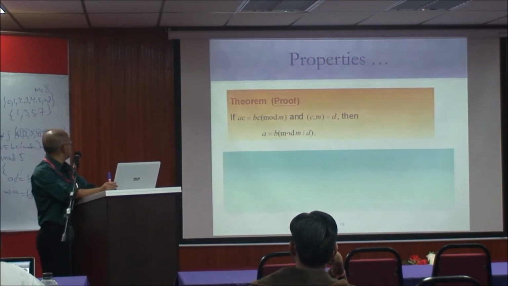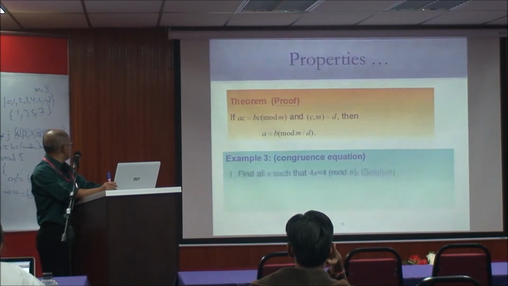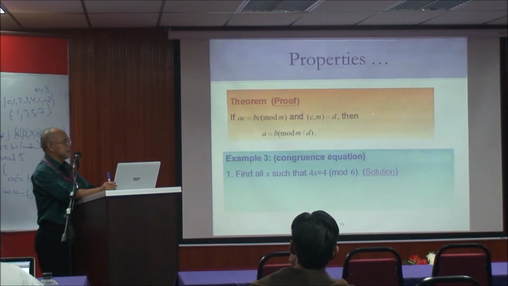So if we know what the GCD of C and M is, we have this new congruence, which is A congruent to B mod M over D. So you can do the same thing if you are given, say, the congruence equation 2x congruent to 4 mod 6, and you know that C and M, which are 2 and 6, have GCD 2, so we can divide each of the terms by 2.